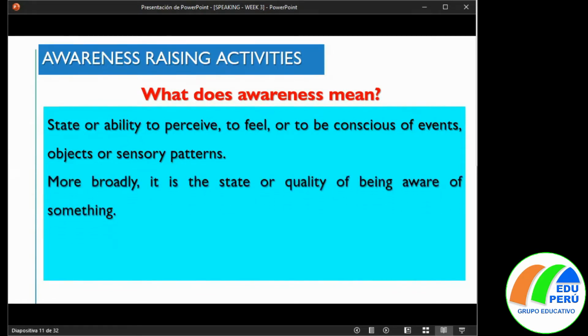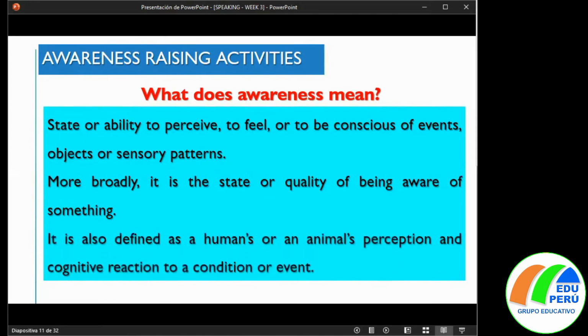In a broader aspect, it is the state or quality of being aware of something, being conscious of something. This is the general term of awareness. It is also defined as a human's or an animal's perception and cognitive reaction to a condition or event.